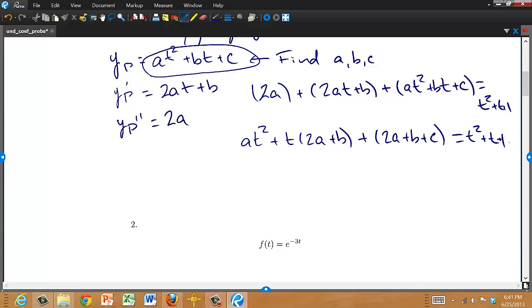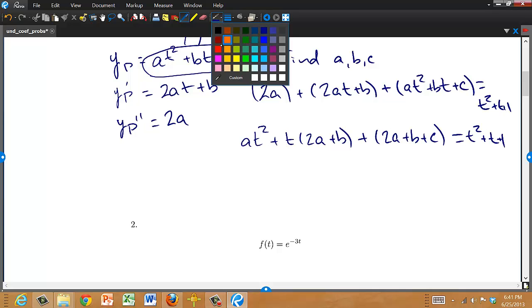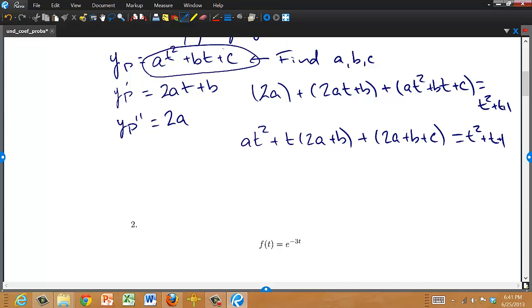Okay, now we can just take a look at the coefficients of each term and see what we would like. So the coefficient of t squared on the left is a. We would like that to be the same as the coefficient on the right, which is 1. The coefficient of t on the left is 2a plus b. We'd like that to be the coefficient of t on the right, which is 1. And 2a plus b plus c, we'd like that to be 1 also.